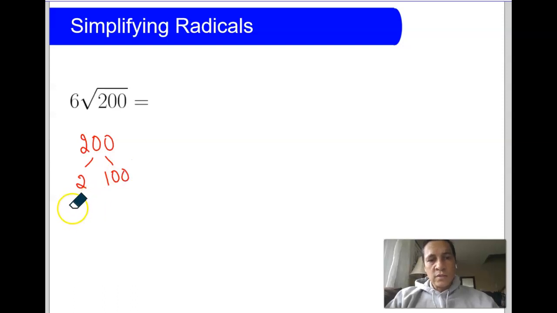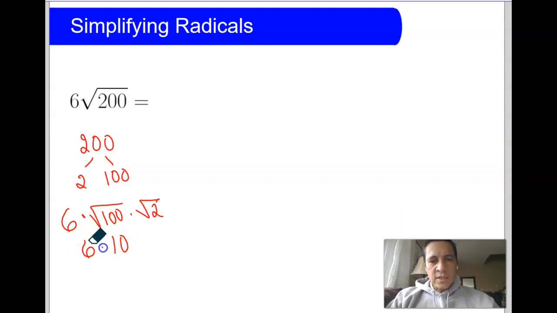So if you want, you could rewrite this as 6 times the square root of 100 times the square root of 2. We know that the square root of 100 is just 10. So this will be 6 times 10 times the square root of 2. That's 60 square root of 2.